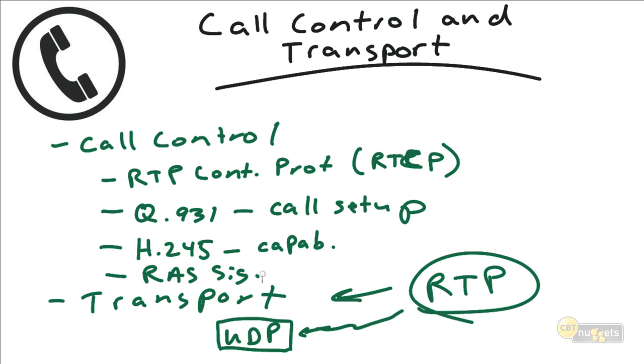RAS signaling is for registration, admission, and status. So things like bandwidth changes or registration issues can be handled by RAS signaling. So, one transport protocol to help out with the movement of voice traffic, that's RTP, and a whole host of call control protocols that we need for a successful voice over IP implementation.